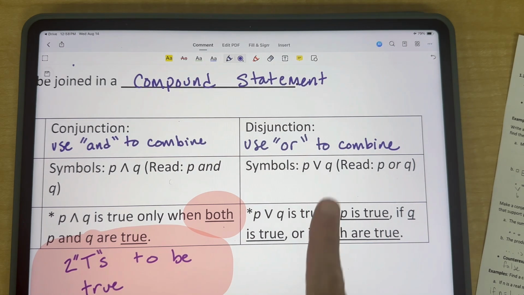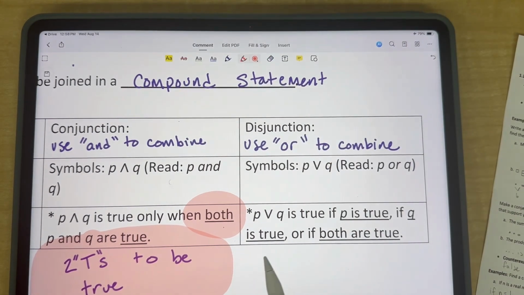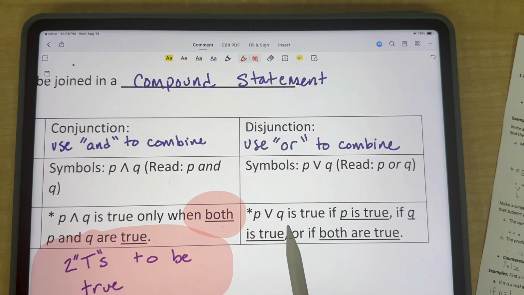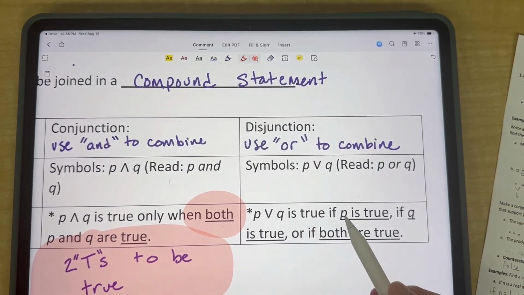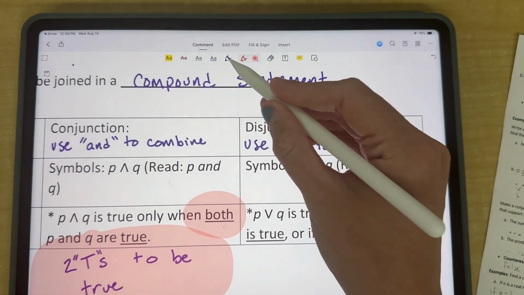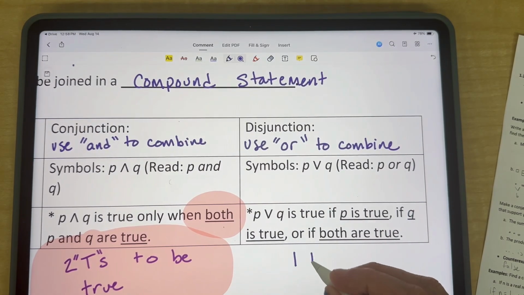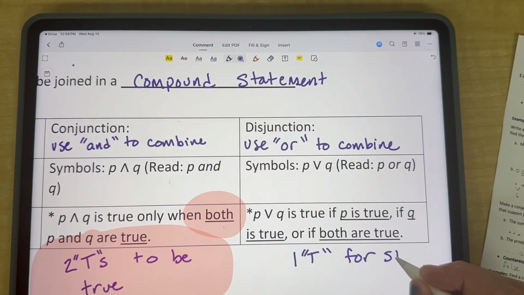Or statements, listen to this. P or Q is true if P is true, if Q is true, or both are true. So all you need for this one is one T. You need one T for the statement to be true.